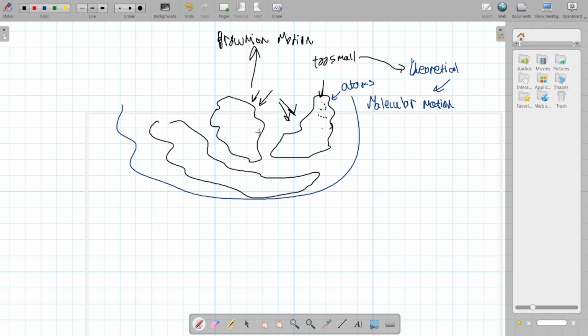But molecular motion says that the actual atoms, if you zoom in, move. But this is imaginary, it's theoretical. However, Brownian motion is proved, and you can see it if you examine smoke using a microscope.